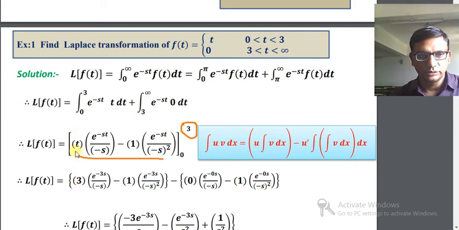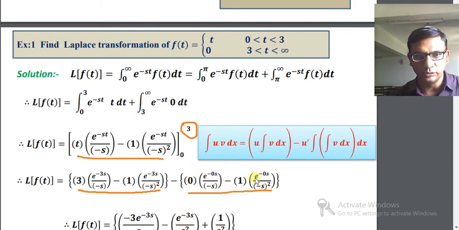First 3 into e raised to minus 3s upon s, minus 1 into e raised to minus 3s upon s square. We replace t by 3 in this portion, and in the lower limit we replace t by 0. Then we get 0 into this function e raised to 0s upon s, minus 1 into e raised to 0s upon s square.